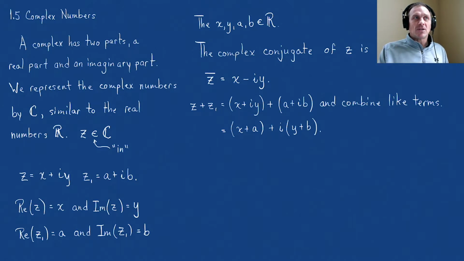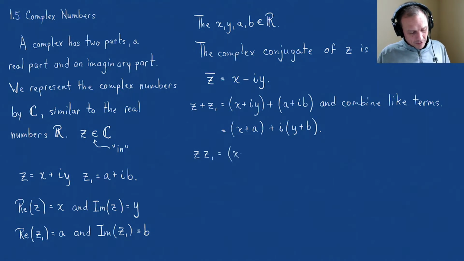It's multiplication and division that get more interesting. So let's multiply. If I take Z and I multiply it by Z1, how does that work? Well, that's x plus iy times a plus ib.